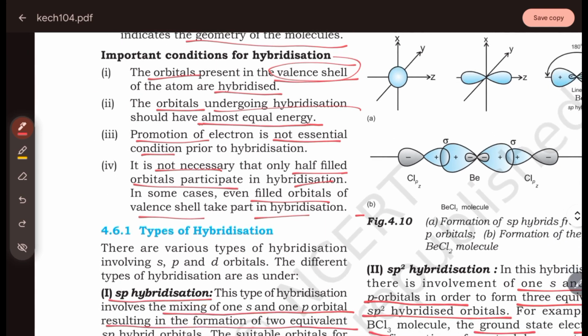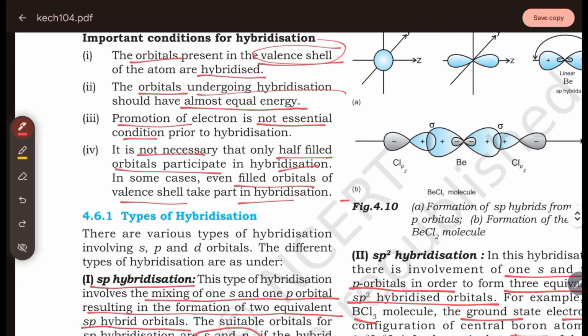In most cases, the electrons get promoted. There may be certain examples where the electrons are not getting promoted, yet intermixing is taking place. It is also not always necessary to obtain half-filled orbitals in order to undergo hybridization. In some cases, even the filled orbitals of the valence shell can undergo hybridization.